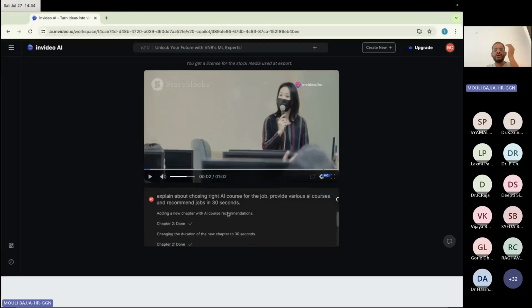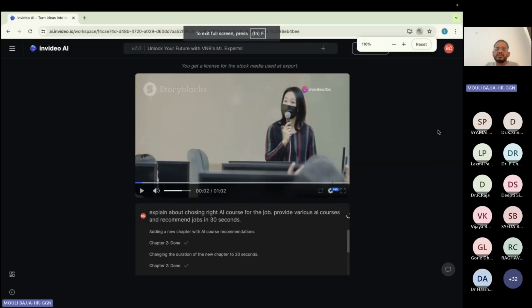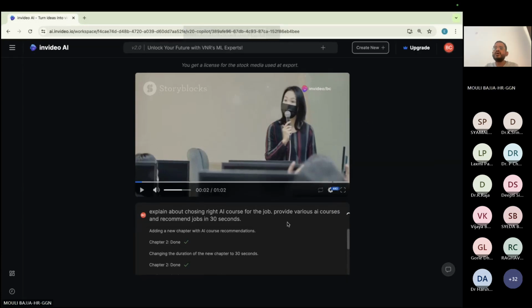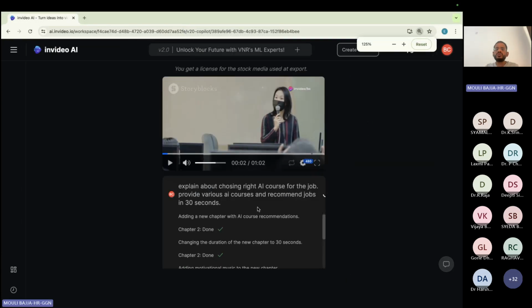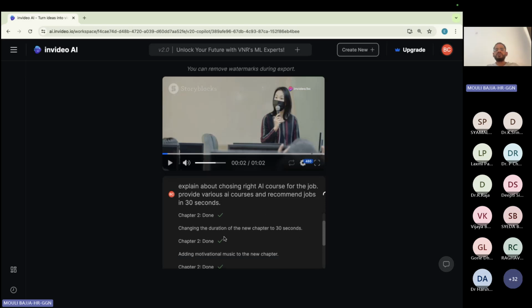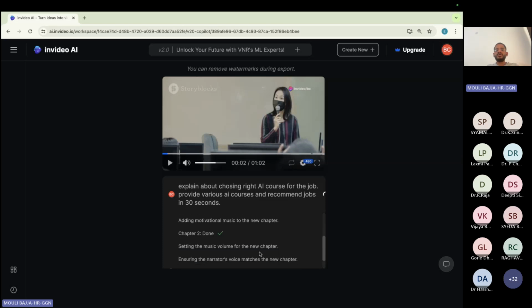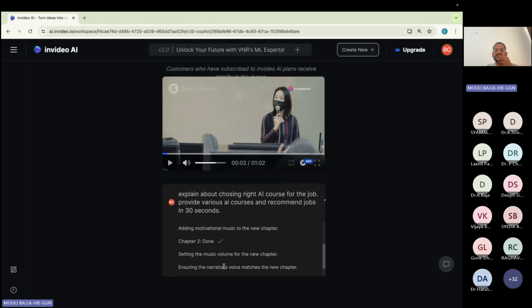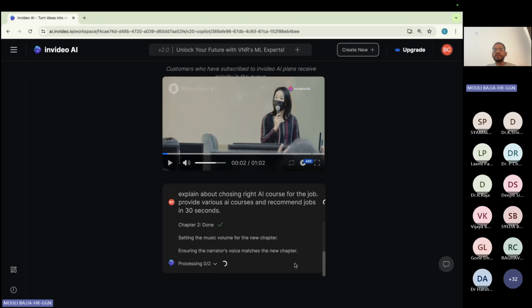If you can see the screen here, the small text shows our prompt: explain about choosing the right AI course for the job, provide various courses and recommend jobs. It says adding a new chapter with AI recommendations, chapter 2 done, changing the duration of the new chapter to 30 seconds, adding motivational music, setting the music volume for the chapter, ensuring the narrator's voice matches the new chapter.